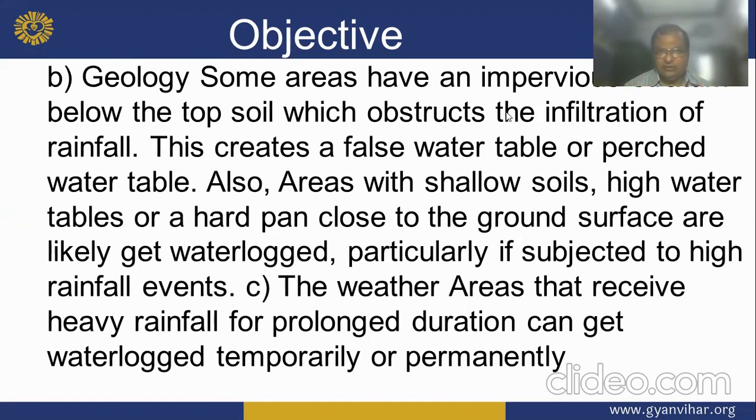Also, areas with shallow soil, where the water table or hardpan is close to the ground surface, are likely to get waterlogged, particularly if subject to high rainfall. So areas that receive heavy rainfall of prolonged duration can be waterlogged temporarily or permanently.